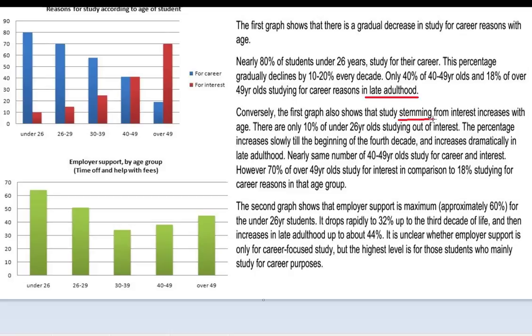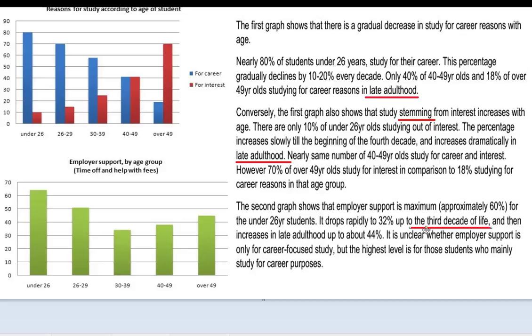Here we have "stemming." That's a good word to use. Here we see this "late adulthood" again. And this phrase, "the third decade of life."